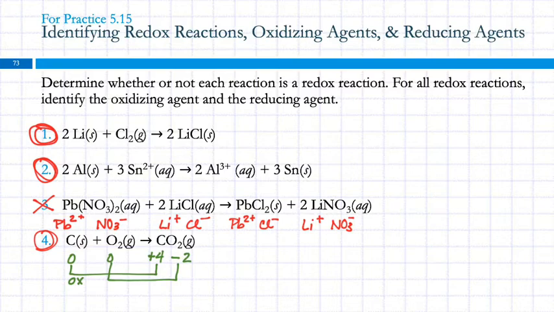It's being reduced. So the carbon is being oxidized, but the carbon is causing the oxygen to be reduced. So carbon is the reducing agent. And oxygen is the oxidizing agent.